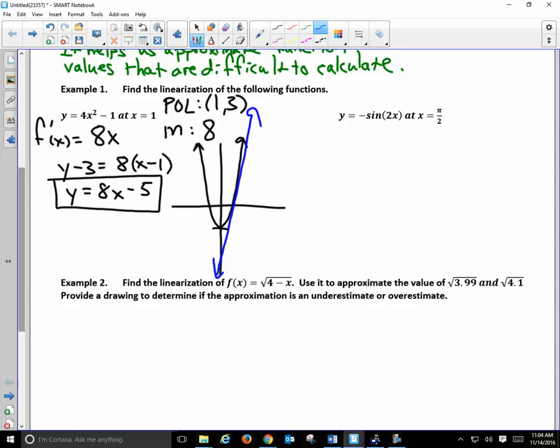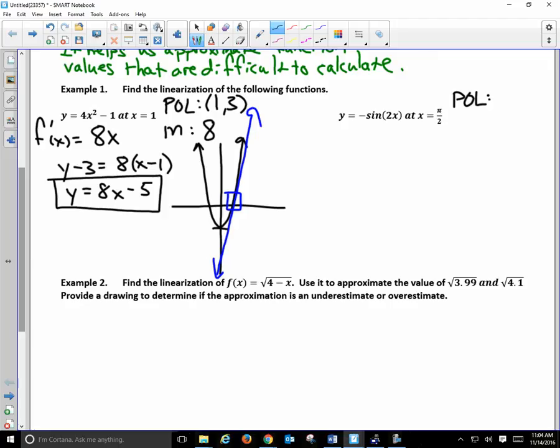You can see that at the point which it touches tangent, which I haven't drawn very accurately, the parabola and the line basically look exactly like each other. But here's the other point. Is the line above or below the parabola? Below. So the line gives an underestimation of what the actual value is. Can you see that? So that's an important thing to note. Let's go to our next one.